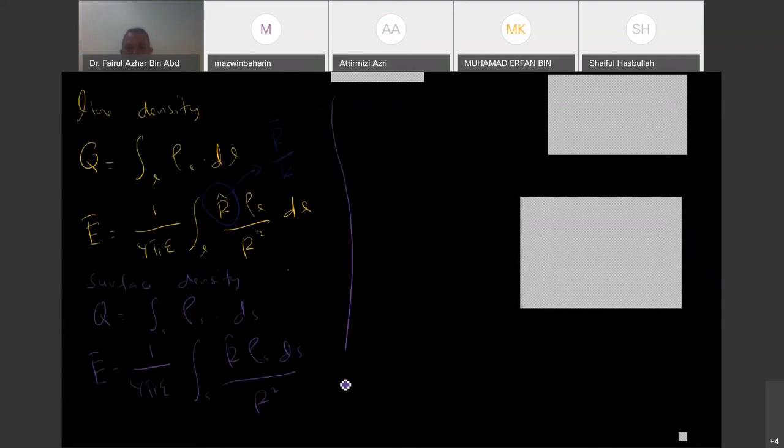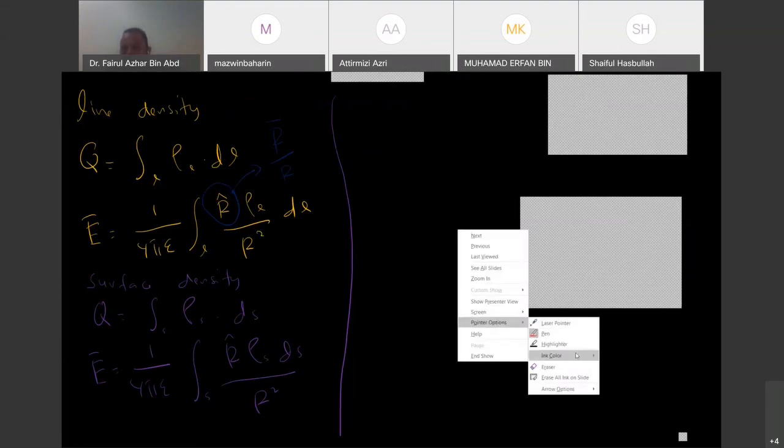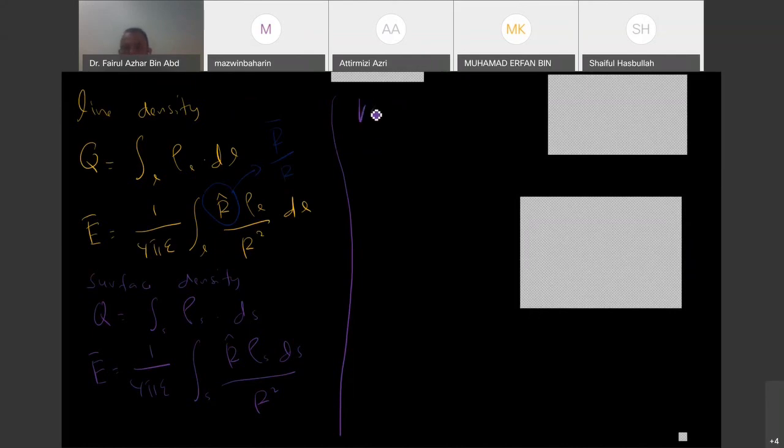And let's say we now have the charge represented by its volume density. Alright, if the charge is represented by the volume density, we will have Q equal to the volume density rho v dv.